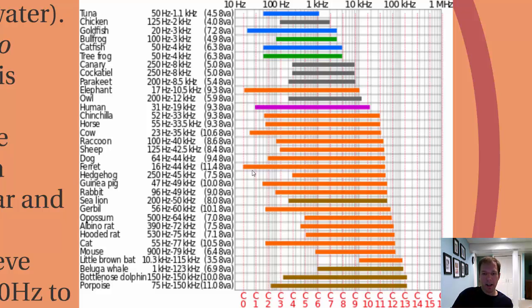If you look at the ferret here, this is one of the stars, from very low frequencies up to very, very high frequencies. Now, that idea of a dog whistle does hold true. You can see that the high-end frequencies of the dogs are much higher than that of the human, and so there actually are certain types of sounds that many animals can hear that is above or at a higher pitch than what we are actually capable of.